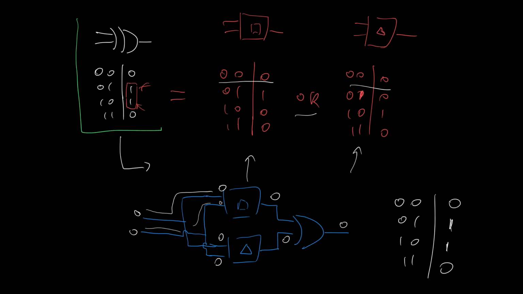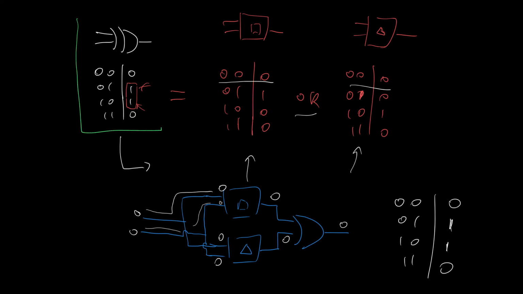To summarize so far, given an arbitrary truth table, we look for when the output is a 1. Each time there's a 1, we're going to create, so to speak, a new logic gate, and that logic gate is going to have a truth table such that its output has only a single 1, and it's going to be in the right location.